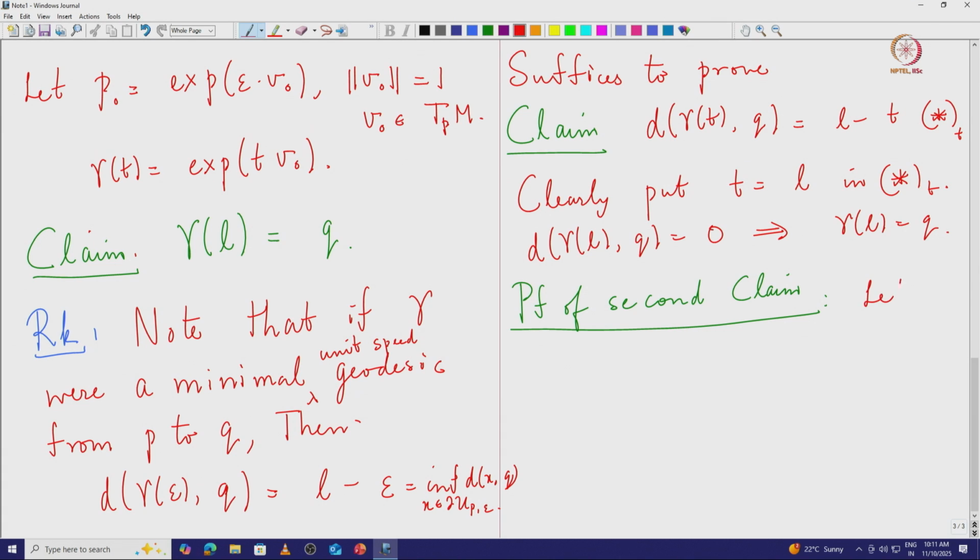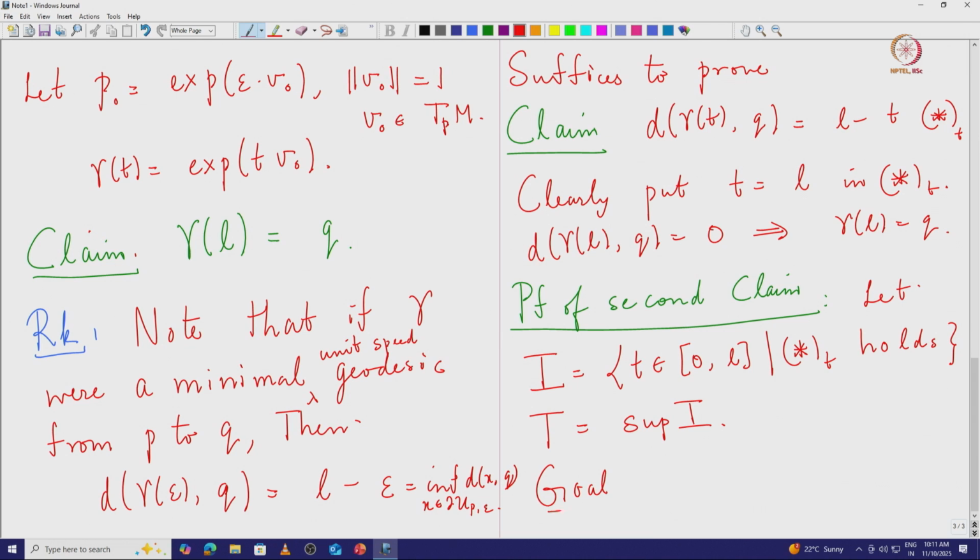Let I be the set of all times in this interval such that star t holds, okay, and let capital T be the supremum of I. So of course, even to take the supremum we first have to show that I is actually non-empty. But in any case, what is the goal? The goal is that L belongs to I. Then basically we will be done, okay.